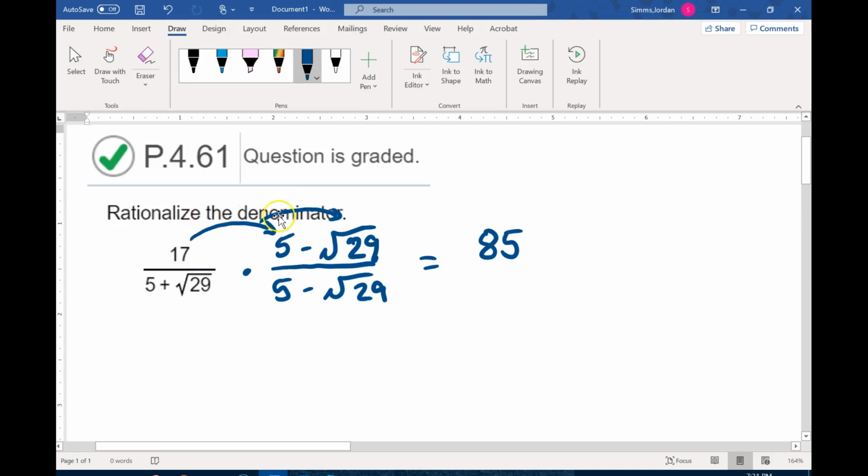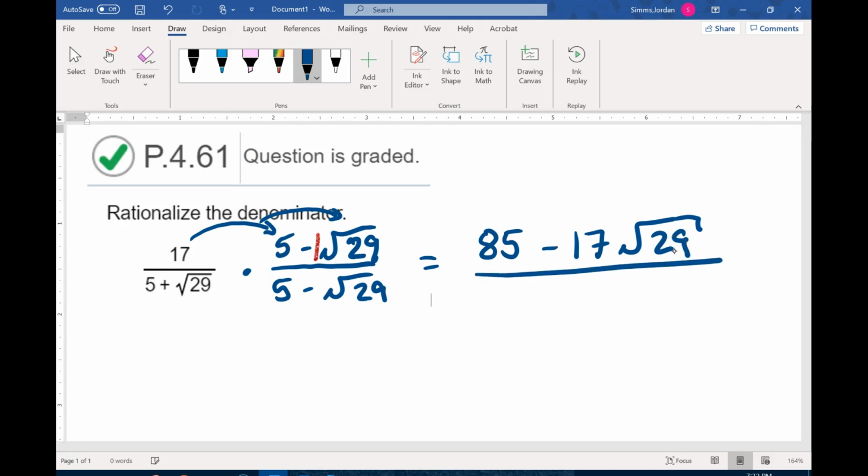So this 17 gets multiplied by this negative 1, which we could think of as being right here. Okay? So that's where that comes from. So we have minus 17 root 29. Now there's nothing to reduce here. 29 is a prime number. I can't factor out a perfect square here, so that's all that's going to happen there.